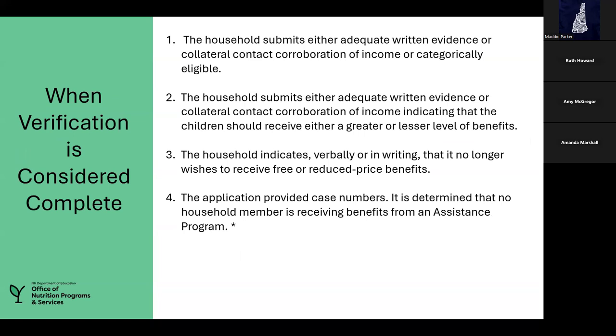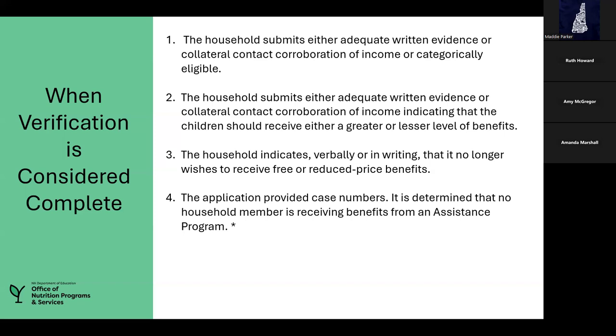When verification is considered complete. The following examples demonstrate how the School Food Authority determines whether or not a household response is adequate and whether follow-up is required. Number 1, verification is considered complete for this household. And number 2, verification is considered complete for this household when the household is notified that its benefit will be increased or decreased.